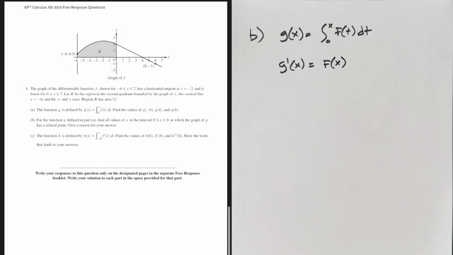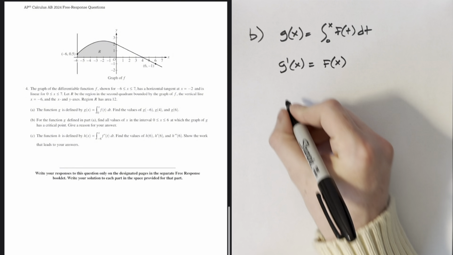So our derivative of g is just the value of the function. So we're looking for where this is 0 or undefined.